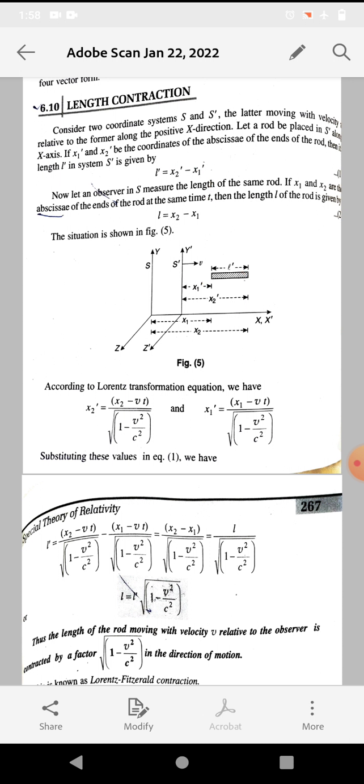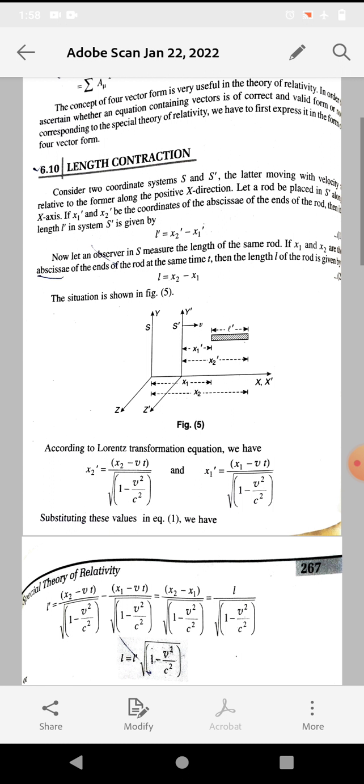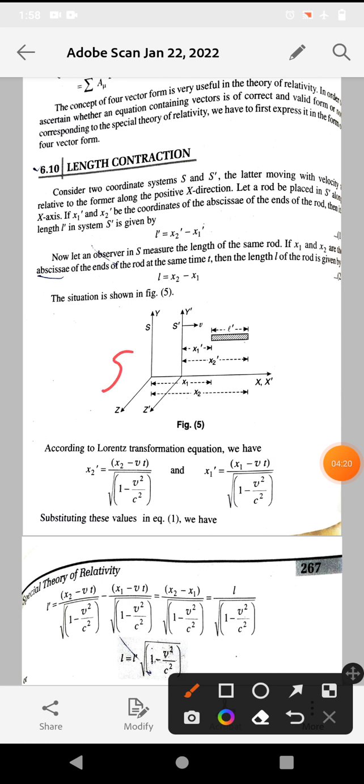In the same way, the observer in S also measures the length of the rod, x2 minus x1.